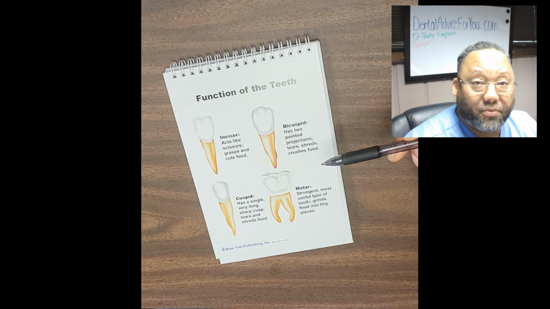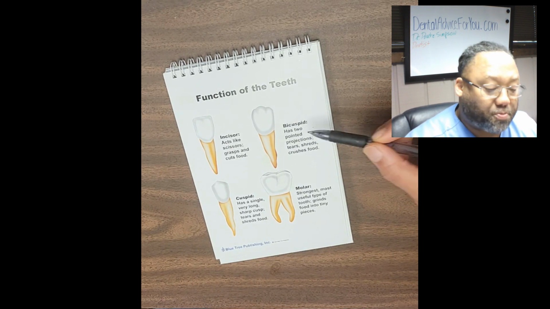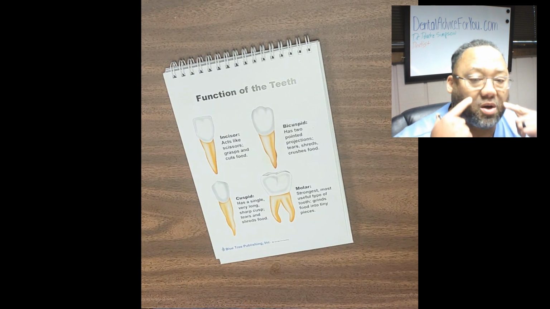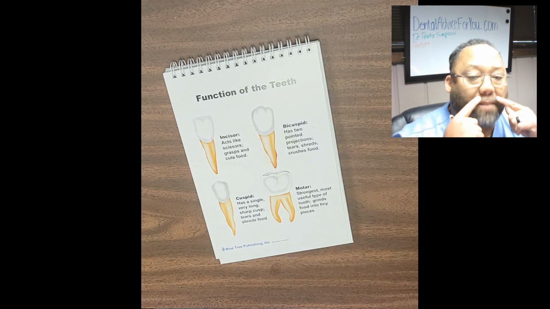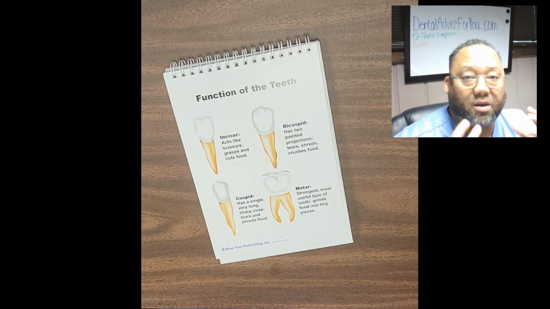The third type of tooth is called a bicuspid. We also call those premolars. So if your dentist says bicuspid or premolar, you know those are the teeth right behind the cuspids on the top and bottom, and in an ideal mouth you should have 8 of those: 2, 4, 6, 8.